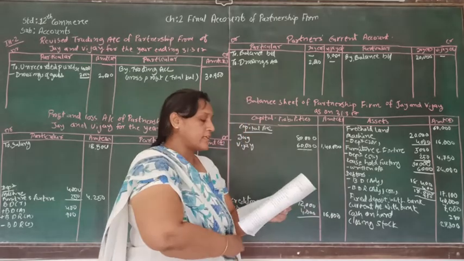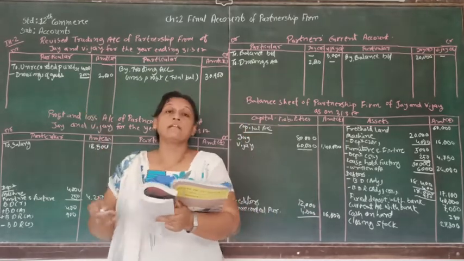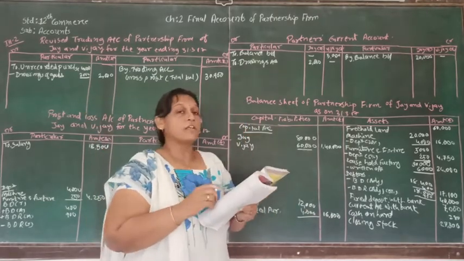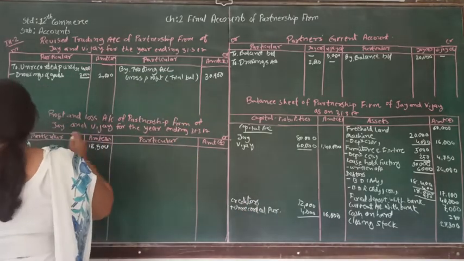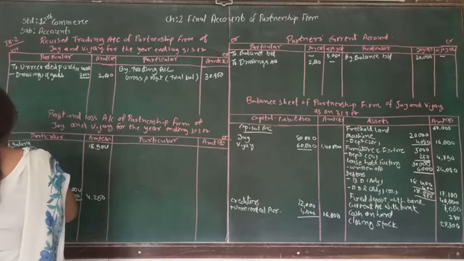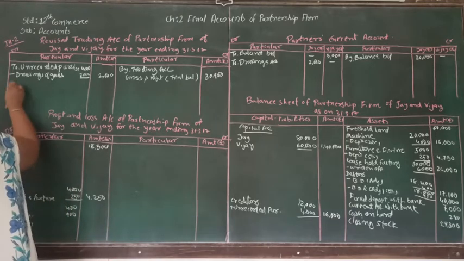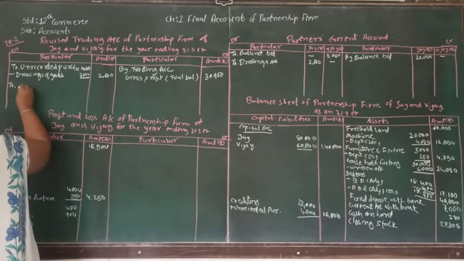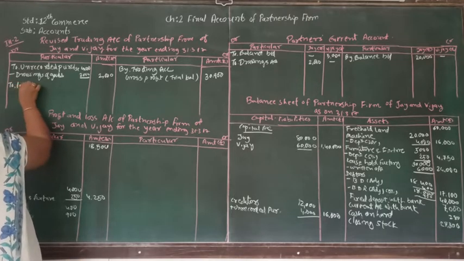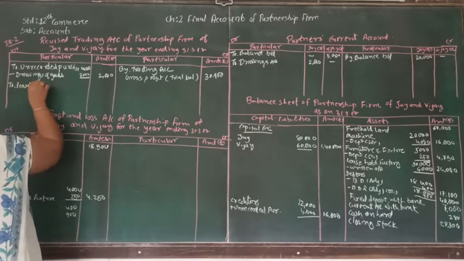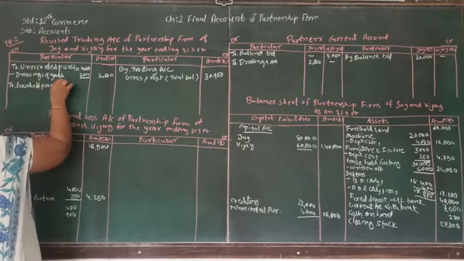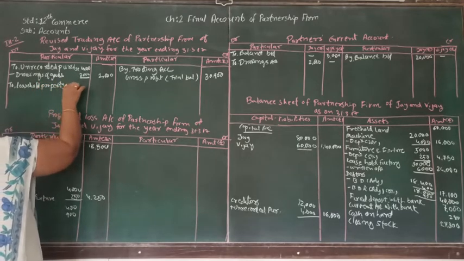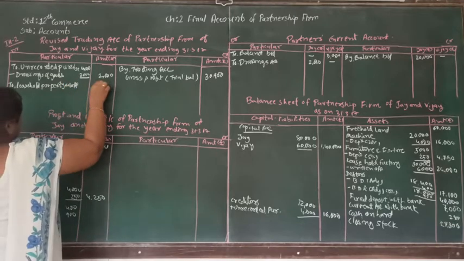Here it is a factory, so we have to write it in the revised trading account as it is a production unit. So here we write off the value of leasehold property. Leasehold property written off, and the amount will be 6,000.